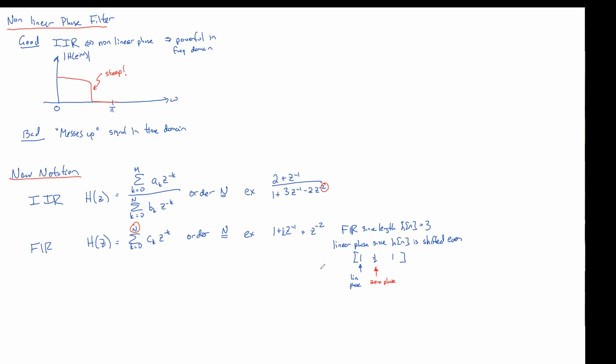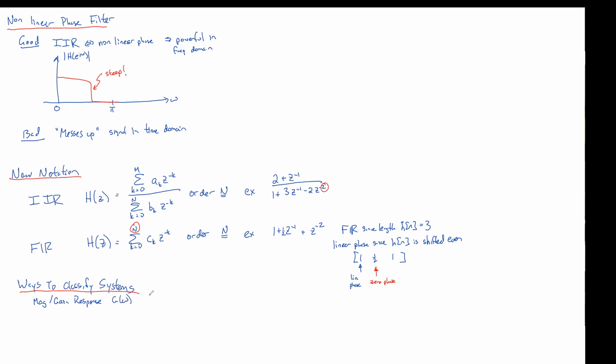Now that we've talked about this, there are 3 ways to classify systems. First is by magnitude, same thing as gain response, G of omega.